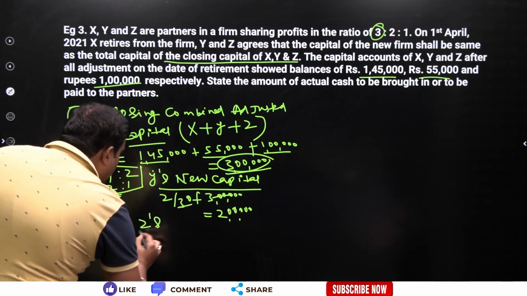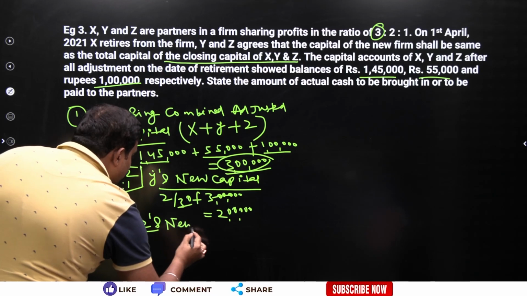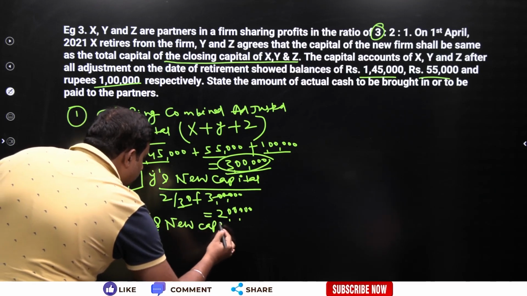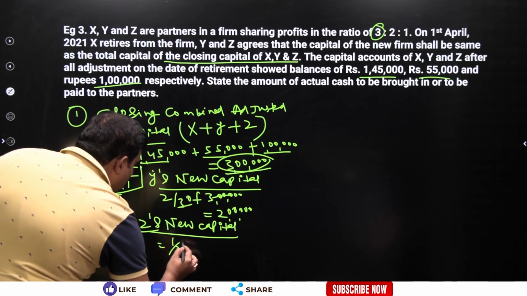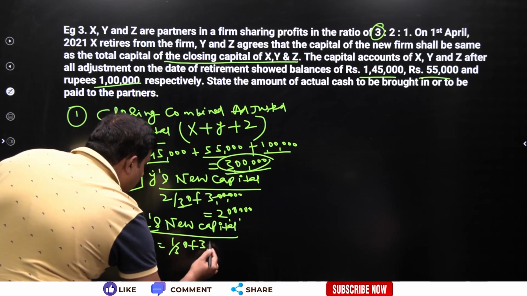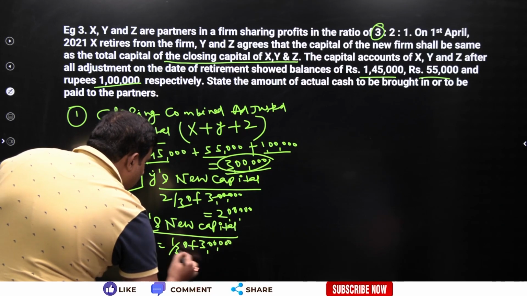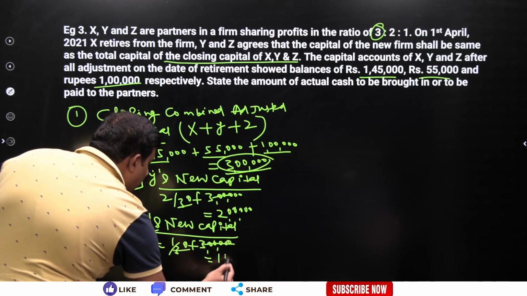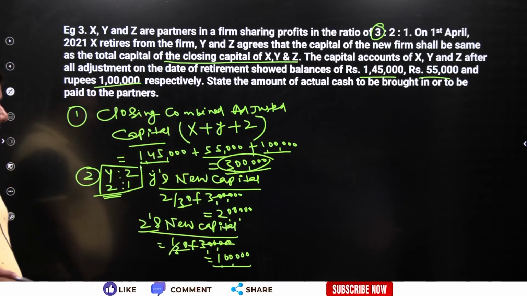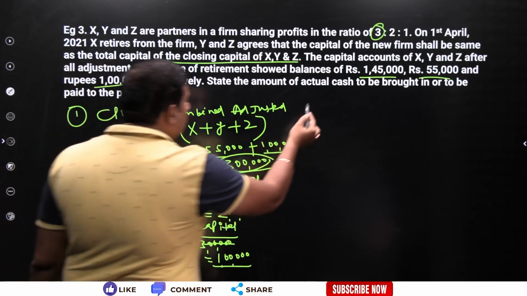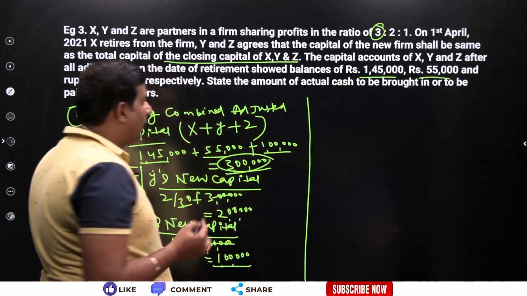And Z's new capital is 1/3 of 3 lakh, which is 1 lakh.